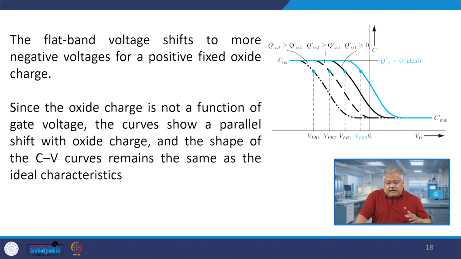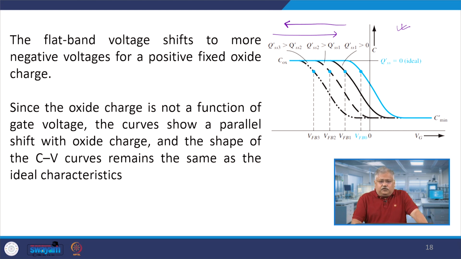Now let's look at the graph here on the right hand side. What I do is I go on increasing the value of the charge which is accumulated on the oxide layer. So you see you have QSS3, QSS2, QSS1 and so on. If you look here, this actually goes on increasing as you move from left to right, right? So QSS3 has got the maximum charge available.